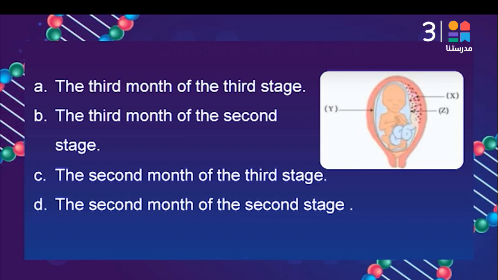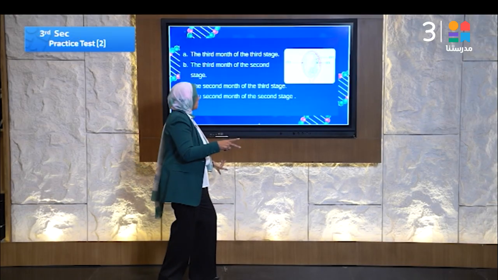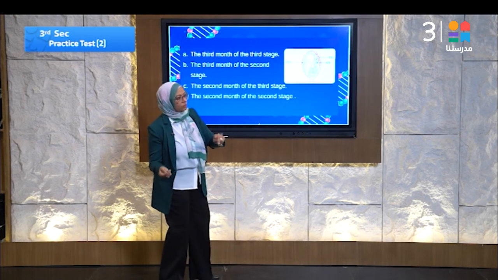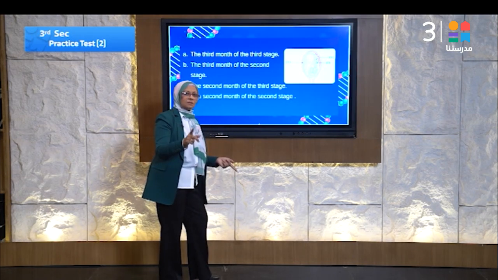Maybe the 2nd month of the 3rd stage. 3 times 3, 9, 2, 8. No. D, the 2nd month of the 2nd stage. 3 times 2, 5 months. No.